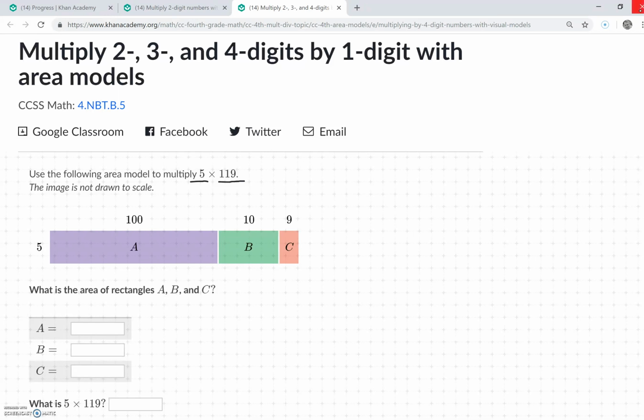First of all, we're going to multiply 100 by 5, and 100 times 5 is 500. So that'll go right here, 500, okay? Next, we're going to multiply 10 times 5, and I encourage you strongly to do this on your paper.